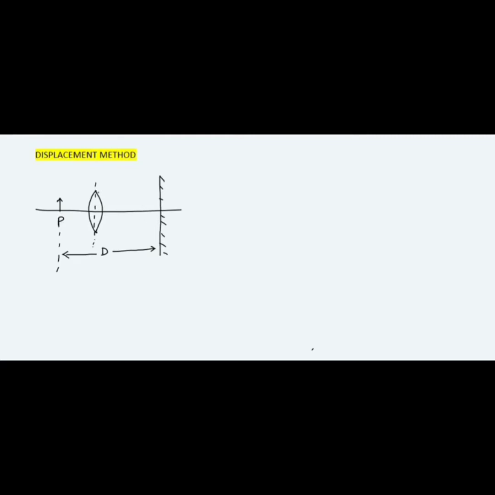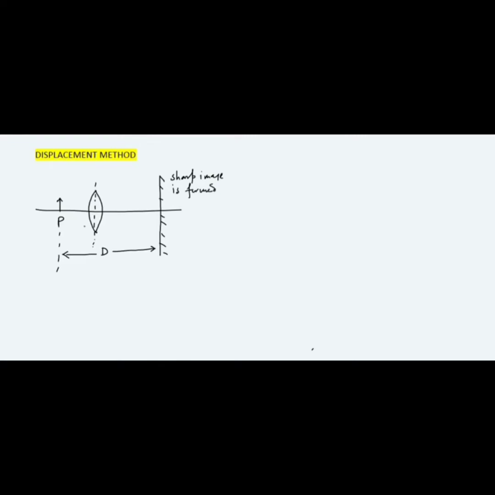So basically we need to find the location of the lens for which a sharp image of this object is formed here on the screen.